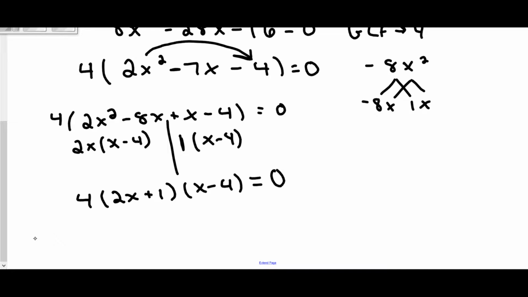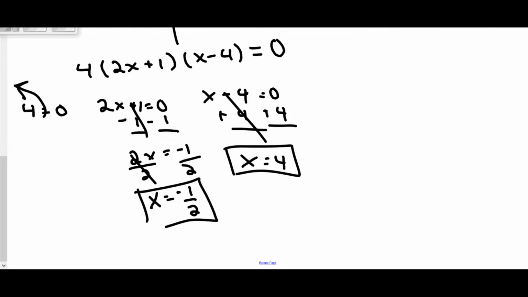So then we just set each thing equal to 0. 4 equals 0, 2x plus 1 equals 0, x minus 4 equals 0. And then we just solve each little mini equation for x, and those are the answers to our equation. So 4 equals 0 doesn't really mean much. It doesn't make any sense, so we reject it.